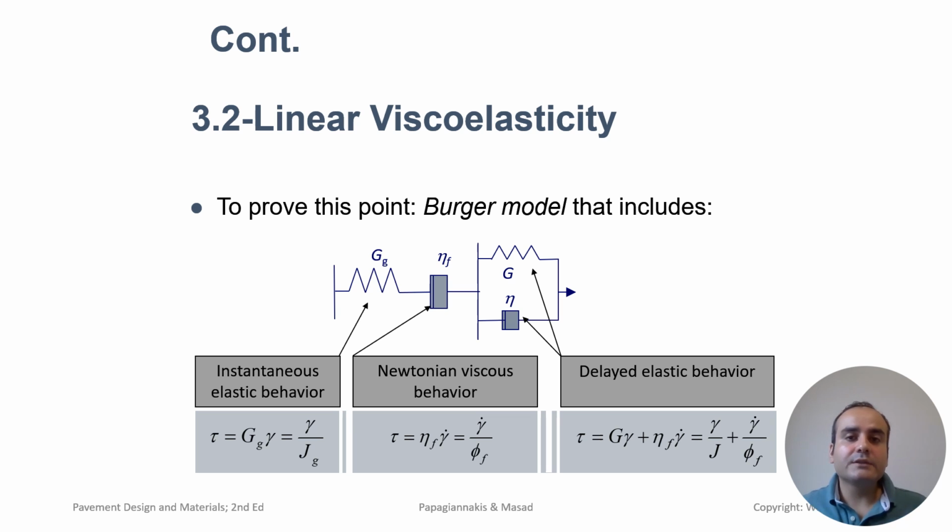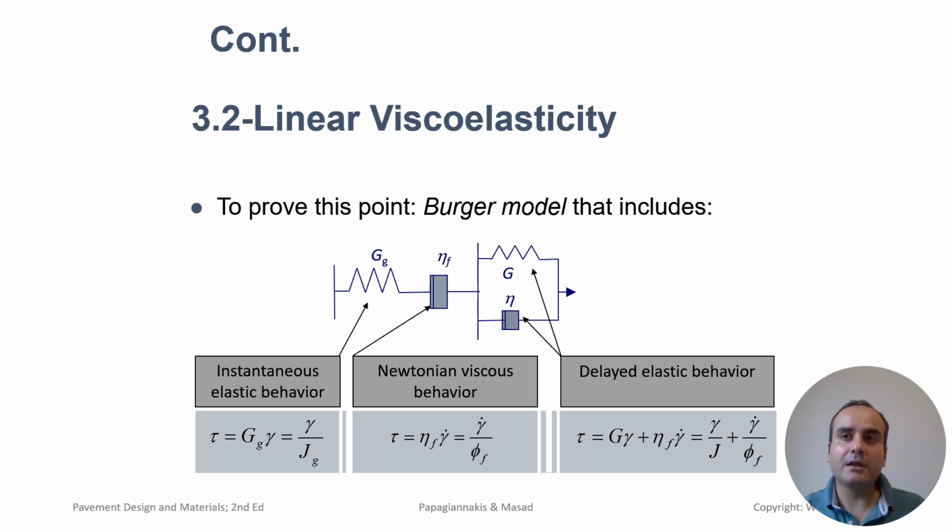The second spring and dashpot model, this element models delayed elastic deformation. When a load is applied, this component allows the material to deform gradually over time, but also to recover partially once the load is removed.